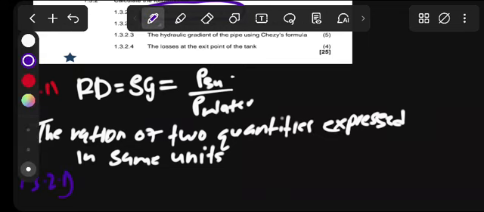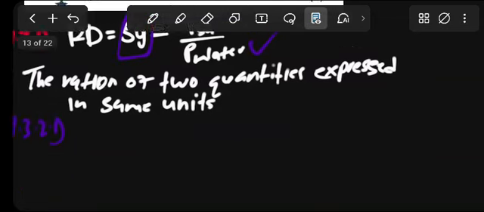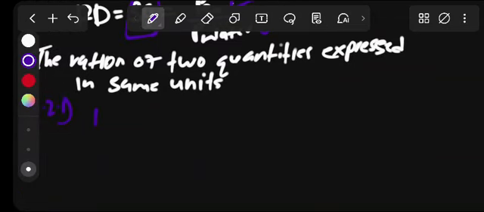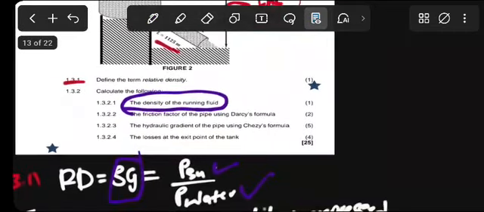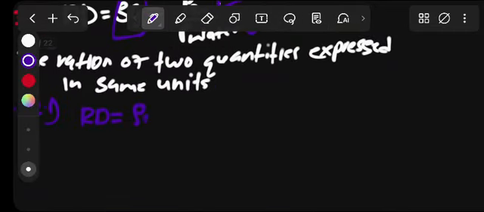Relative density or specific gravity is the density of the substance, here the running fluid, which is slime, divided by the density of water.